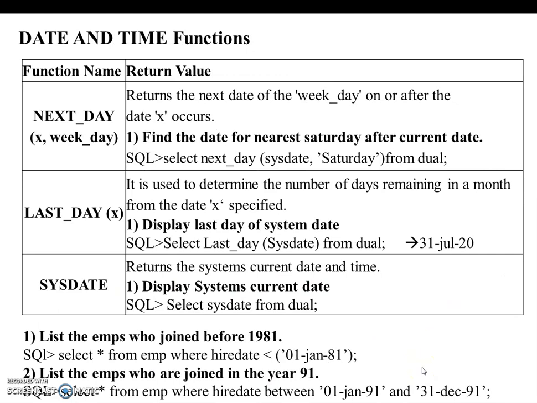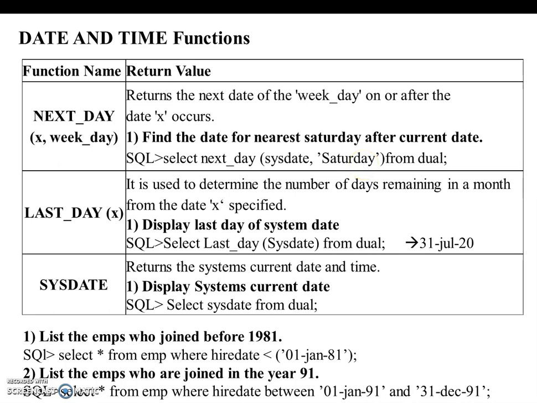Next we have the next day function. The next day function will find the next occurrence of a particular given day after a given date x. So it will find the nearest day after the given date. Let's have an example. Find the date of the nearest Saturday after the current date.